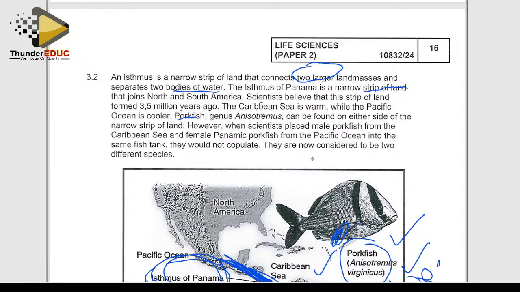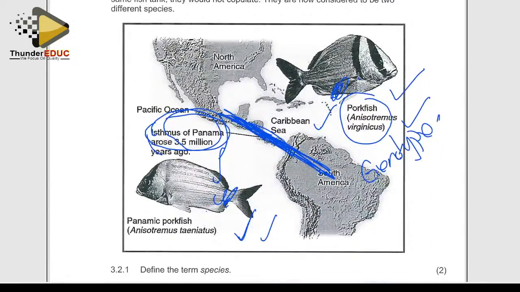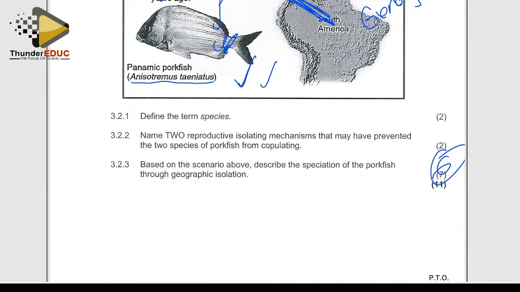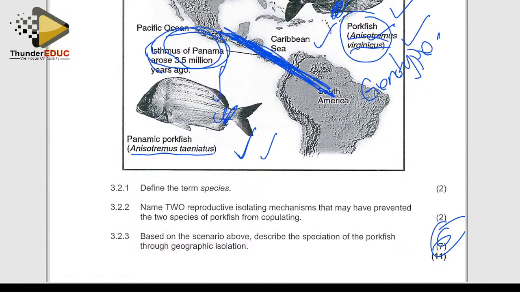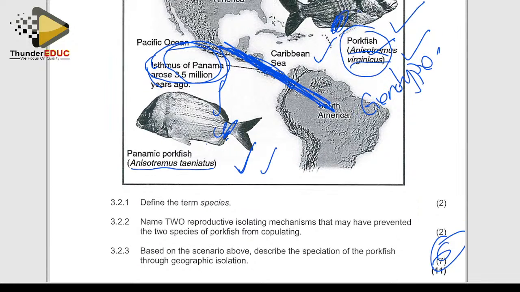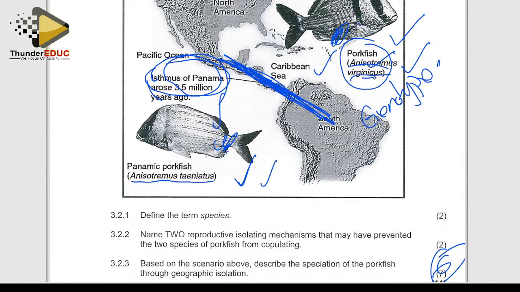They said it here. They are now considered to be two different species of this porkfish. Then you mention this name and this name. Sometimes those two names are a compulsory mark; if you have not written them, out of 7 you're going to get 6, because they wanted to see the new species which were formed.